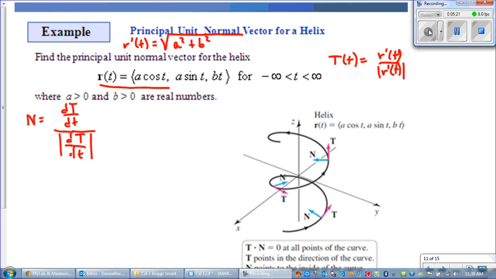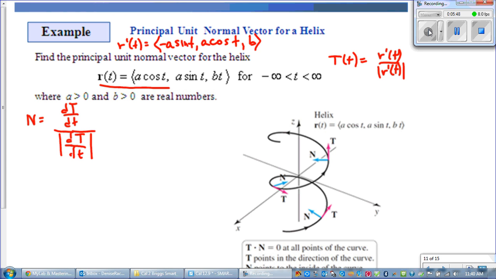Let's back up, that's the magnitude of r prime. I jumped ahead there.